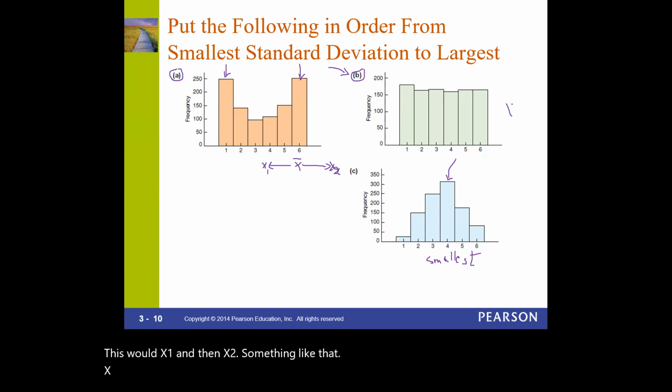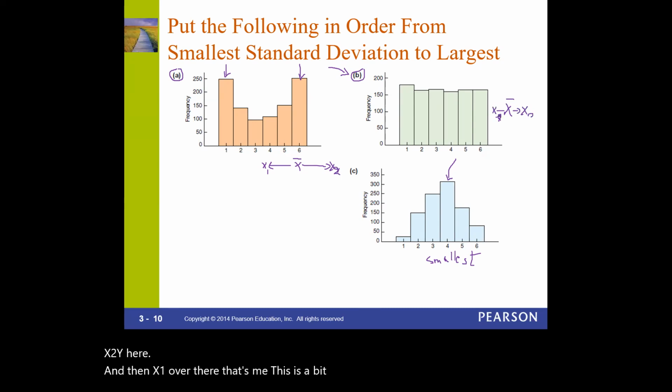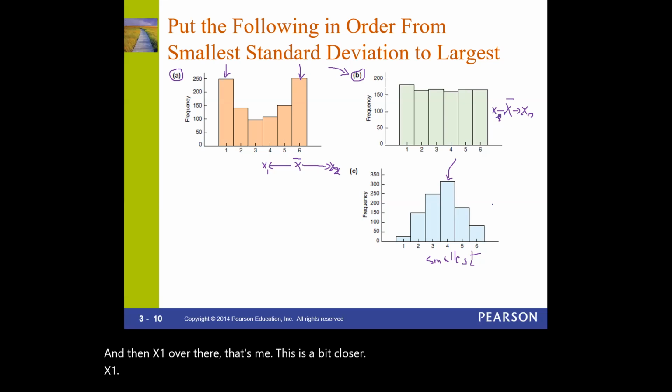Here the value will be closer to the mean, really close, x2 right here, and then x1 over there. We have x1 right here, and x bar, and x2. I mean, how far they are from each other.